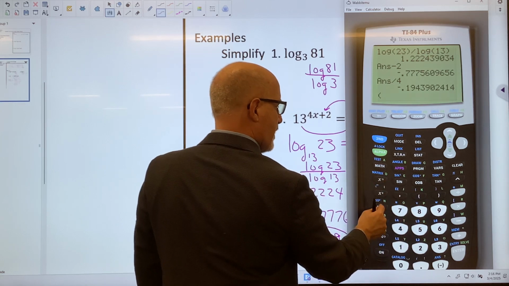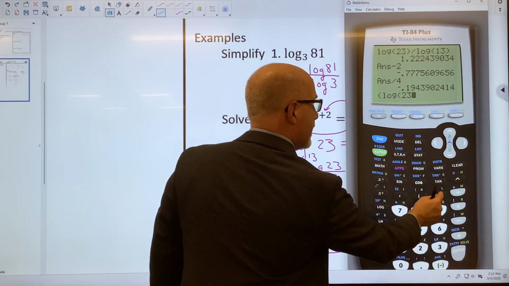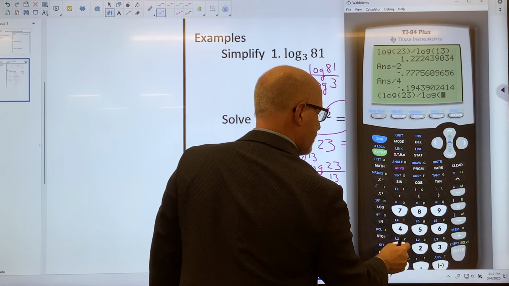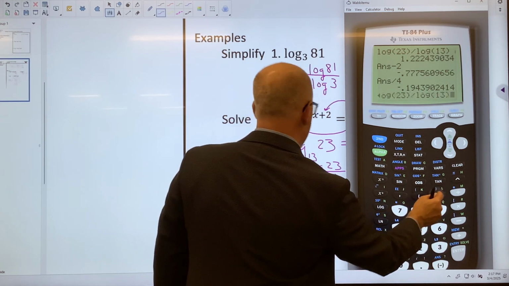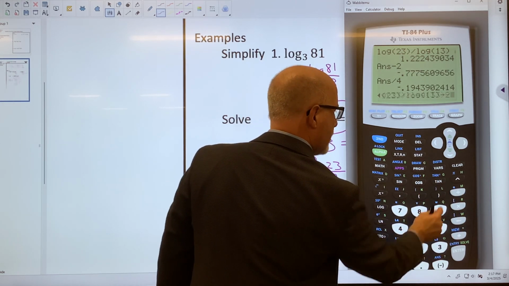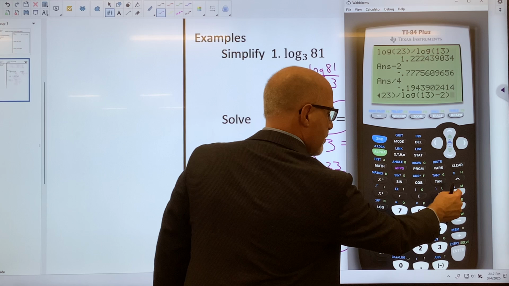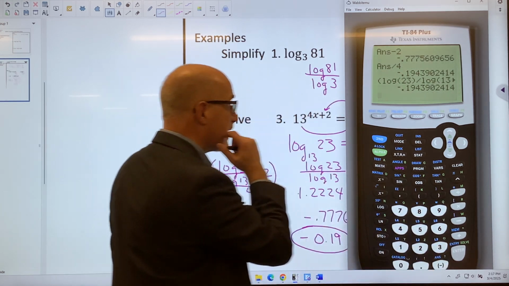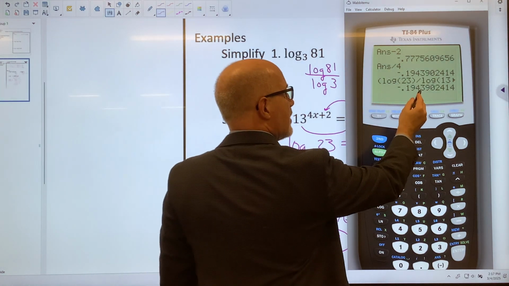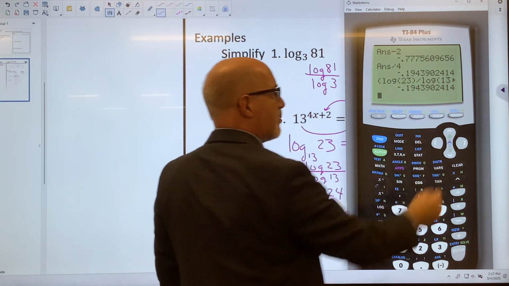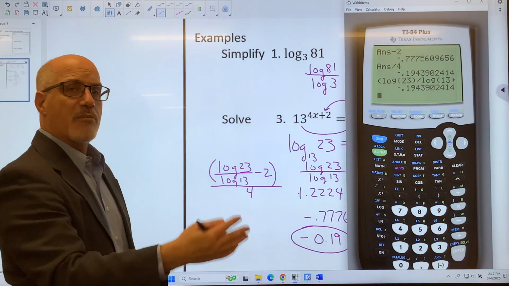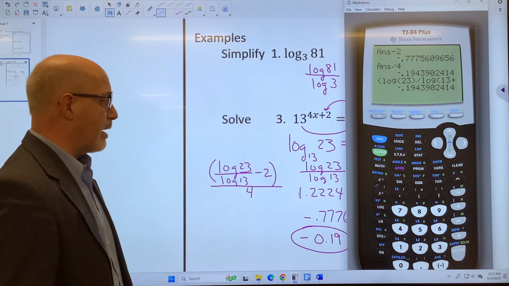I get log of 23 divided by log of 13, and then I'm going to subtract 2 from that, minus 2, in my parentheses, and then divide by 4. And notice I get negative 0.19. It's the same decimal because we kept the same numbers before we rounded and avoided rounding errors.